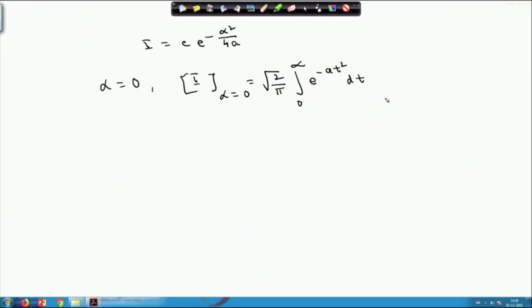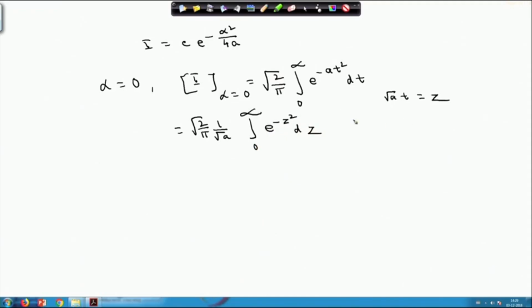Now, put root over a into t equals z. Substitute root over a into t equals z, so that you will obtain root over 2 by pi, 1 by root a will come here whenever you are differentiating. The limiting value will remain the same, 0 to infinity e power minus z square into dz.